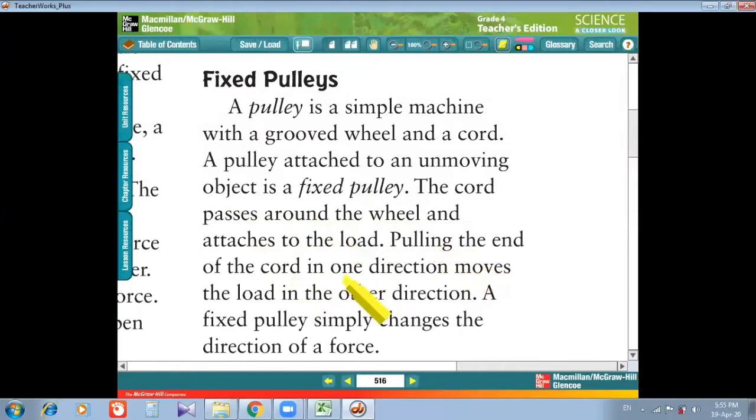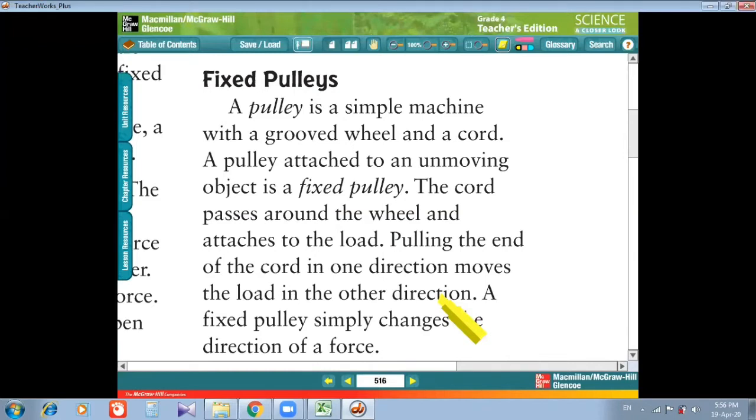Pulling the end of the cord in one direction moves the load in the other direction. At one end of the rope you attach the load, and at the other end you just pull it to move the load up. So in this way the force is applied in the downward direction and the load is moving in the upward direction.